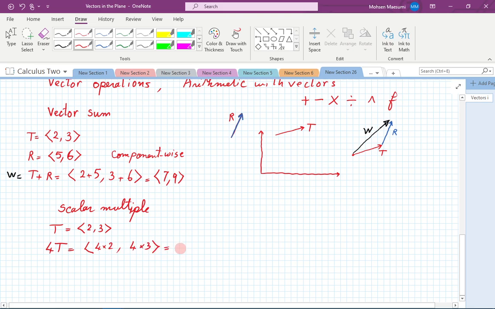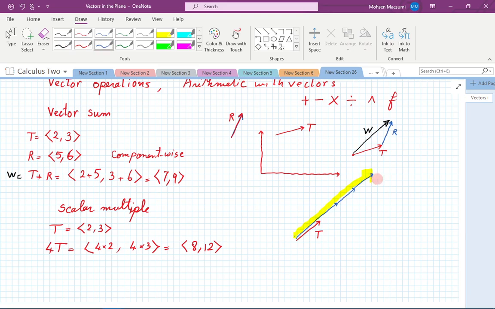As simple as that. So that's 8 and 12. So if I have a vector, this is vector t, and then I stretch it by a certain multiple, here's 2t, this is 3t, and then up to here. So this whole thing from beginning to end is going to be 4t.